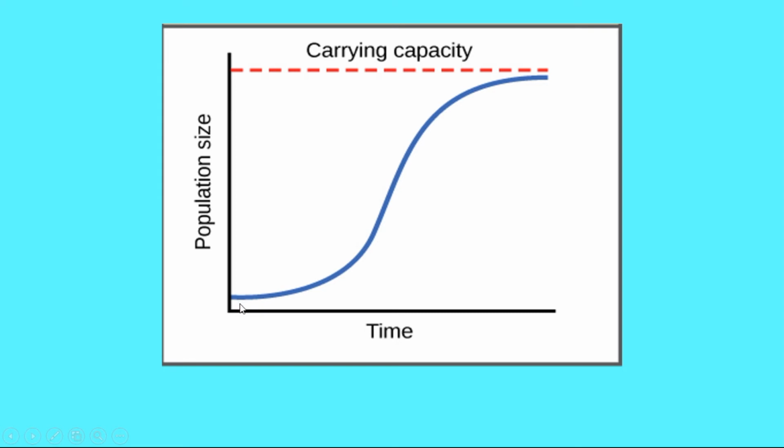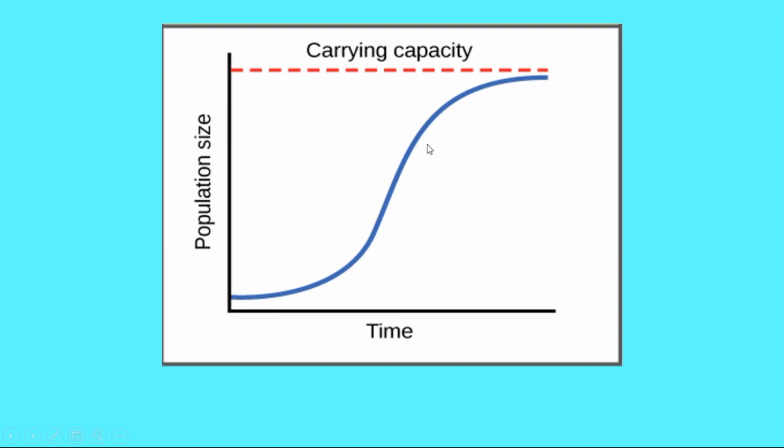In the beginning, where the population is now being established, the population size does not change much. But once the organisms have become established, they begin to breed, the birth rate increases, and the population size also increases. This phase is called the exponential phase of the population growth.